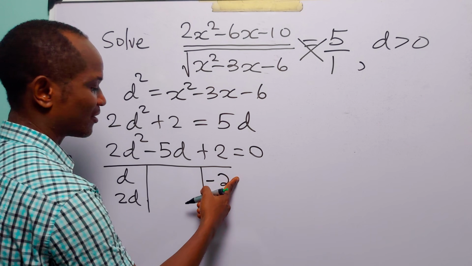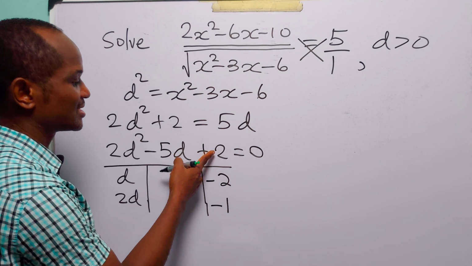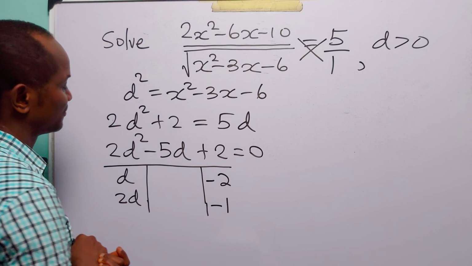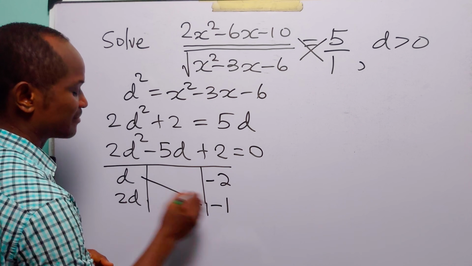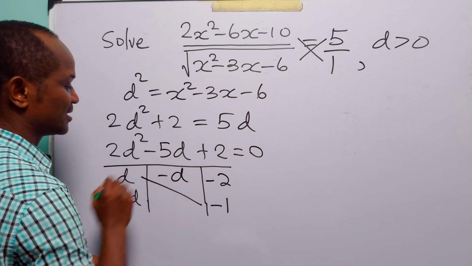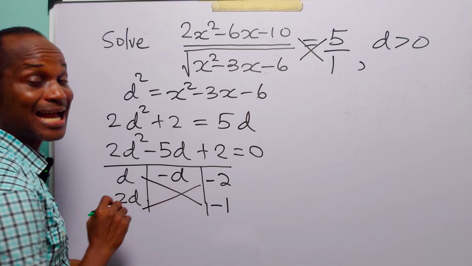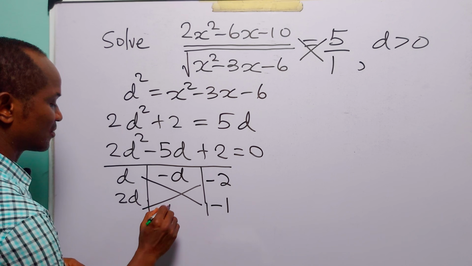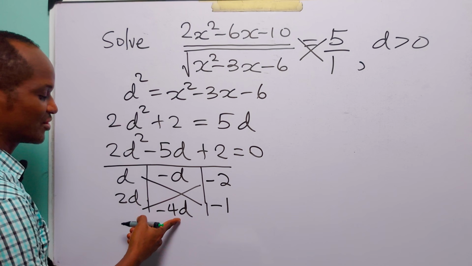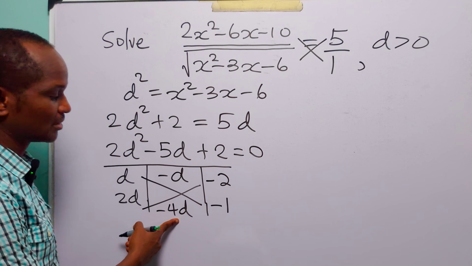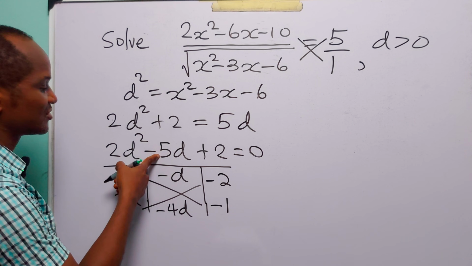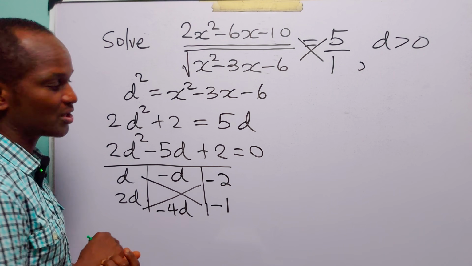Of course, you know that minus 2 times minus 1 is still going to give us plus 2. Now, d times minus 1 is minus d, and 2d times minus 2 is minus 4d, and you can see that minus 4d minus d is going to give us minus 5d.